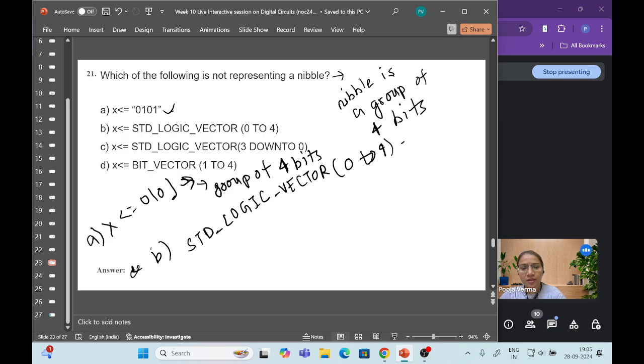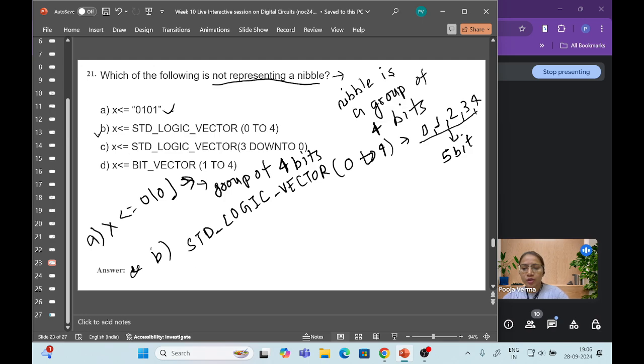That means 0, 1, 2, 3, 4, right? So if we see, it is a total of 5 bits, but a nibble is a group of 4 bits. So option B is not a nibble. So option B is the correct answer, because they are asking which of the following is not representing a nibble.